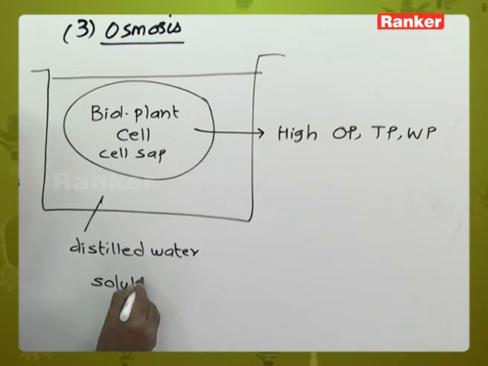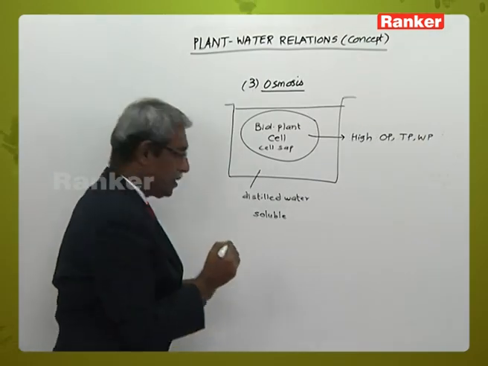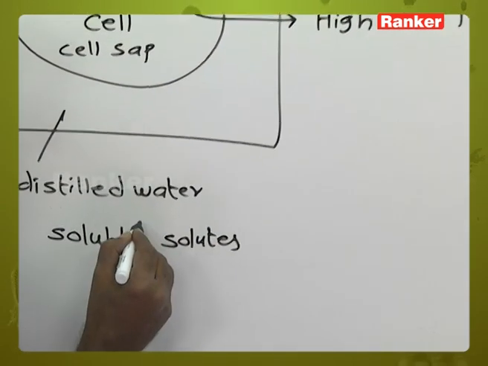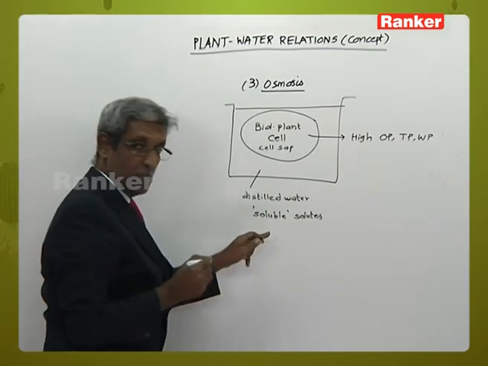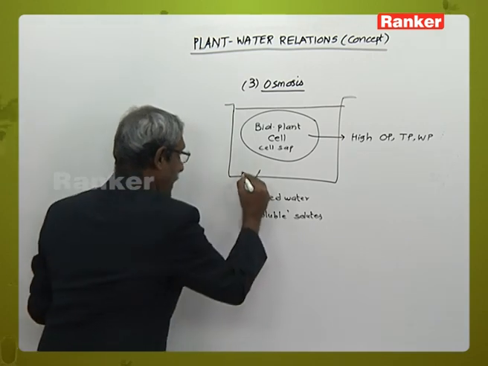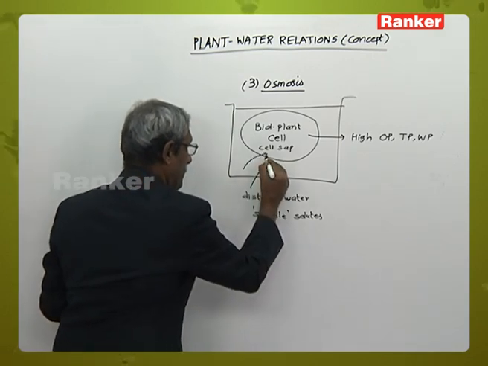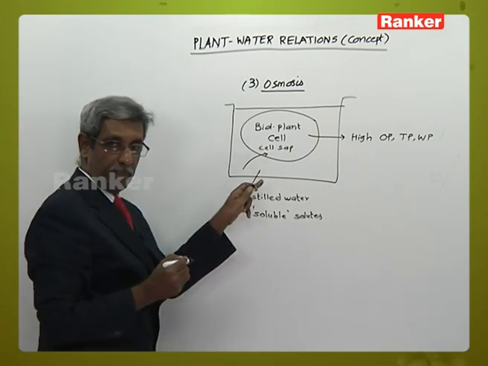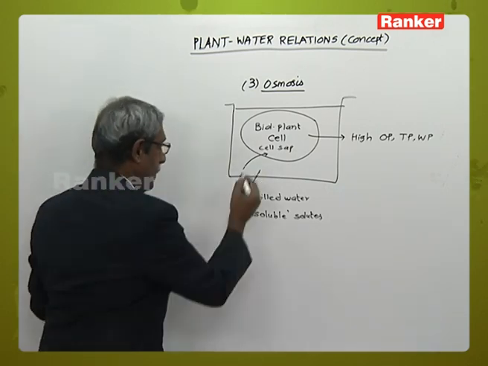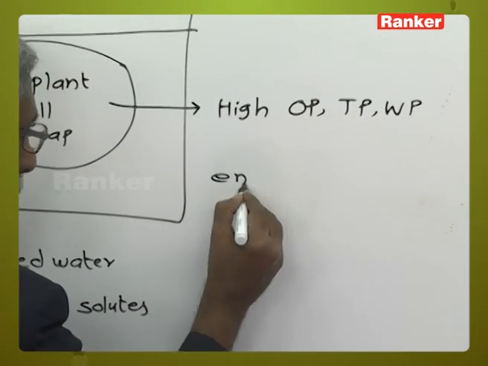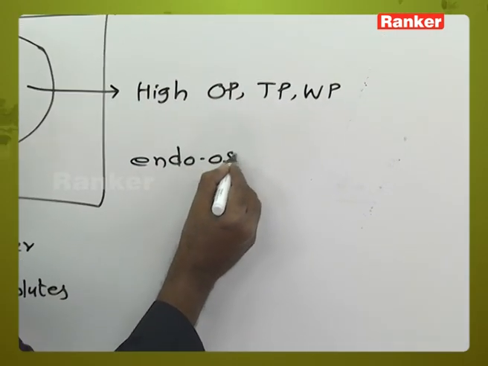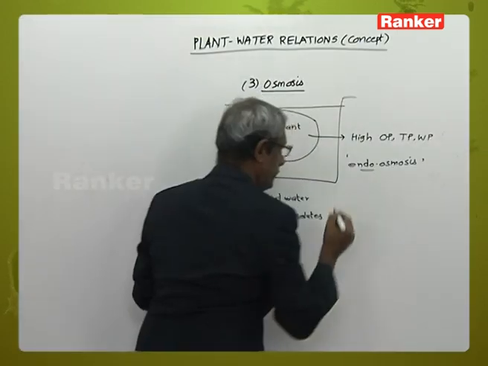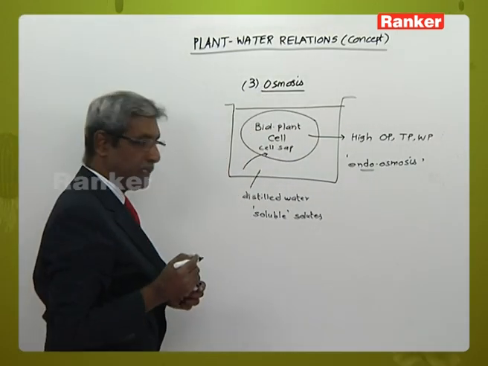Soluble solutes, that is solutes which dissolve, can enter into the plant cell through the distilled water, and due to this the process is termed as endosmosis.